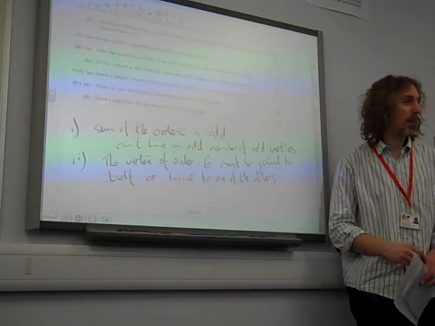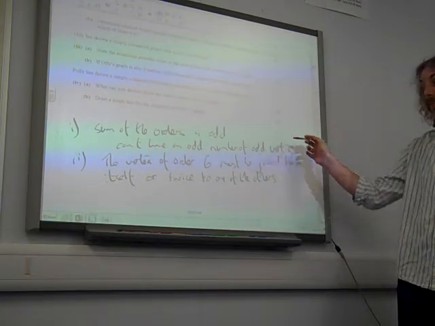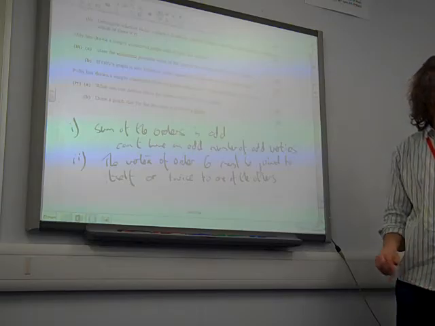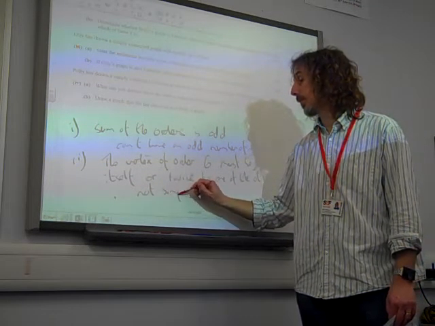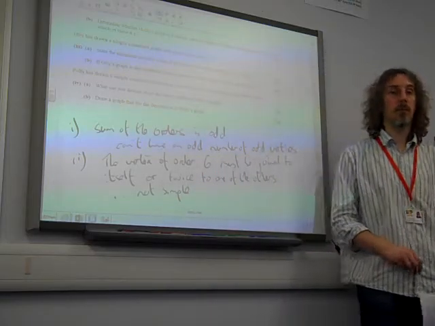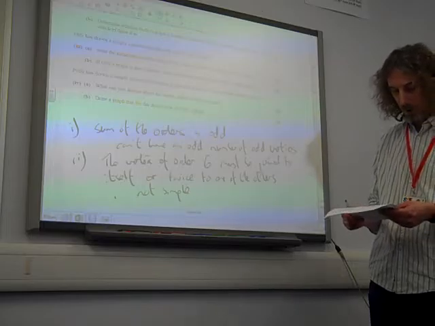It has to be, there's only 5 other vertices for it to join to. So therefore, if either of those two things are the case, therefore it's not simple. Because we'd have a duplicate or a loop, and that stops it being simple.